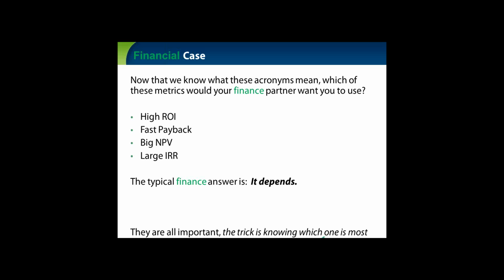All these metrics are very important. The key is, which one is the most important right now? That's what we need to talk about. And it really could change quarter to quarter. And it's not because finance is flip-flopping on you. It really does mean that as conditions change, the metric which is most important will also change.